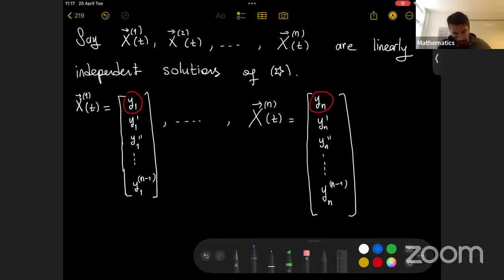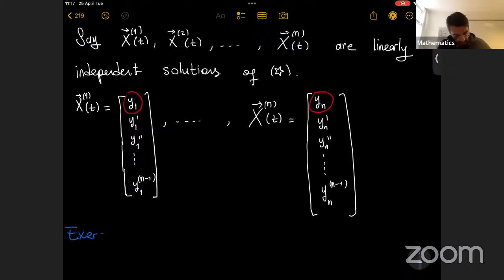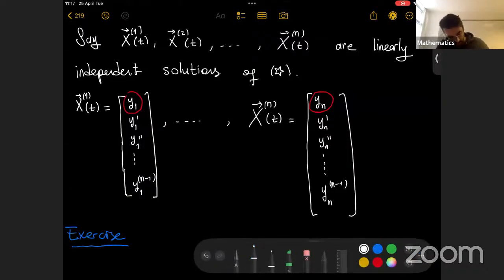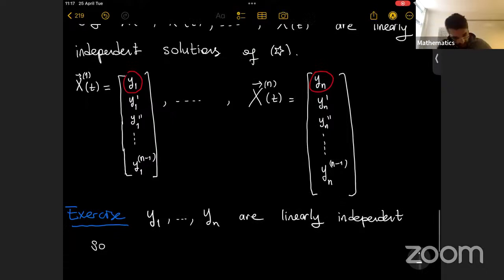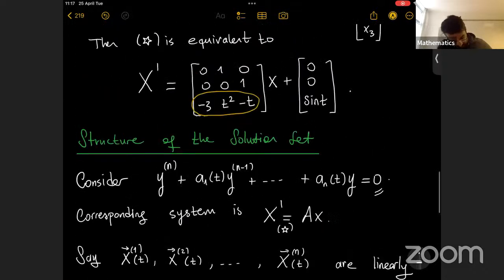Maybe let me give this as an exercise for you. y1, ..., yn are linearly independent solutions of the original nth order differential equation. Maybe let's call this double star here.